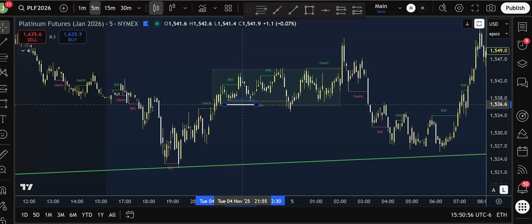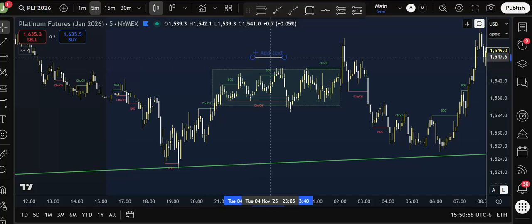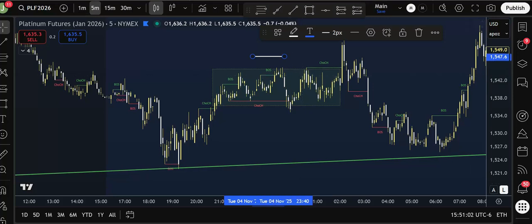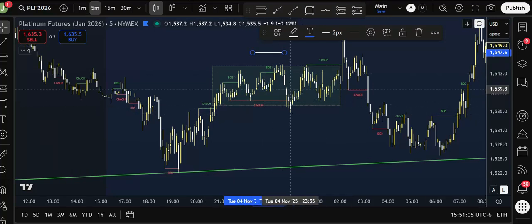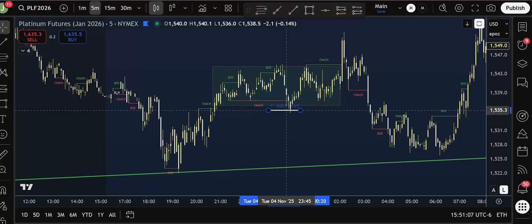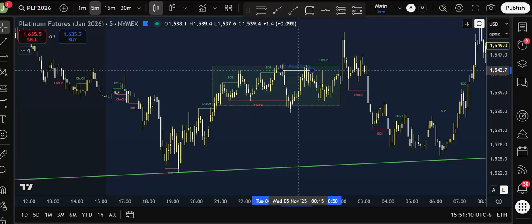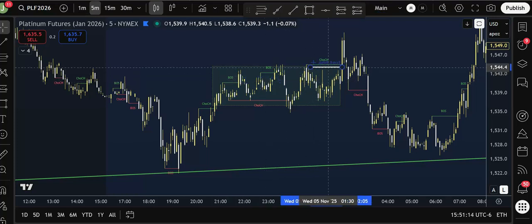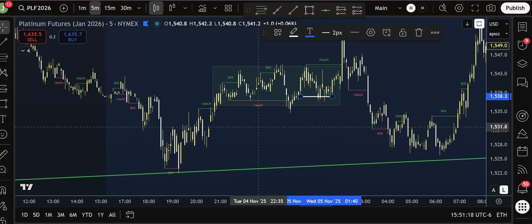So, yeah, you do have break of structure here. But whenever this low right here starts making lower lows, and we're getting a lot of these break of structures and the change of characters quite often in this time period because of this consolidation period.